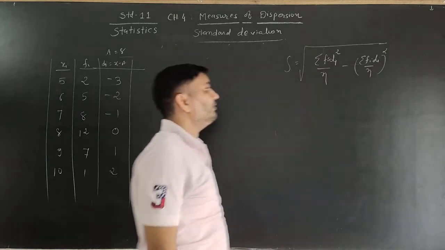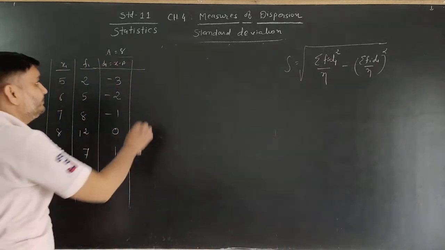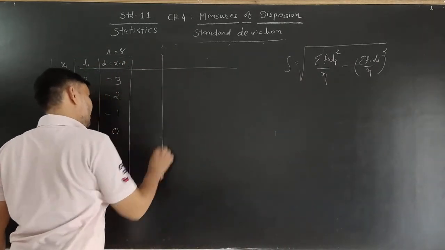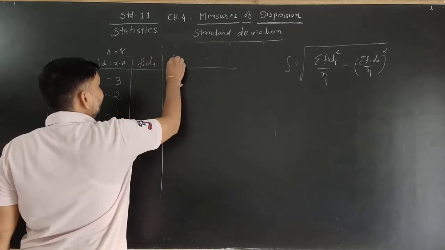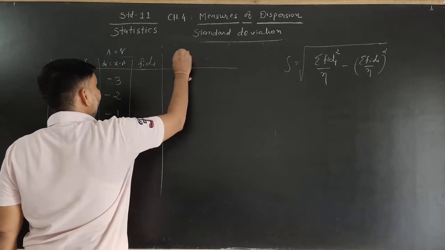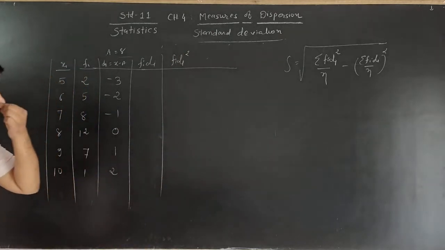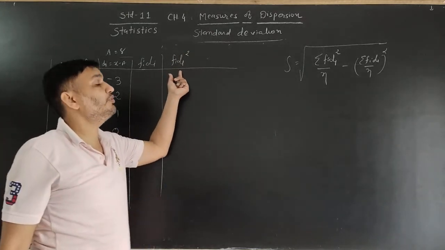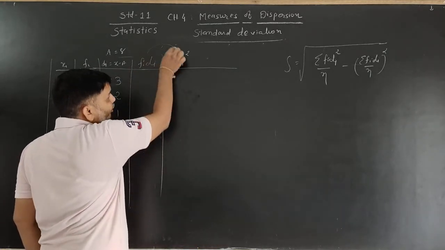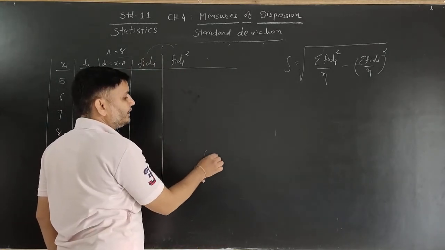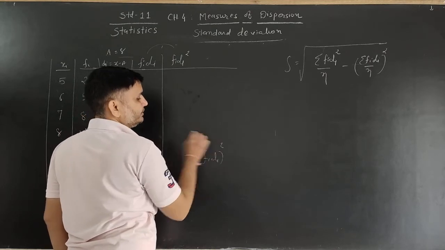So to find fi di, we have the values of fi di and fi di square. Sometimes students make a mistake in finding fi di square. What happens? They take the square of fi di, that is called fi di whole square.